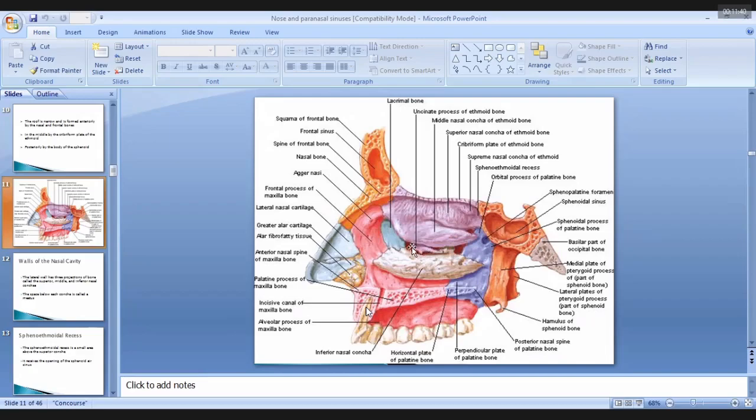Here there is a middle meatus, and this is the space inferior to the inferior concha, known as inferior meatus. So in the lateral wall of the nose, the first structures are conchae, defined as bony projections or prominences: superior, middle, and inferior conchae. Below each concha, there is another type of structure known as spaces, called meatuses. So there are three meatuses: superior, middle, and inferior meatus.